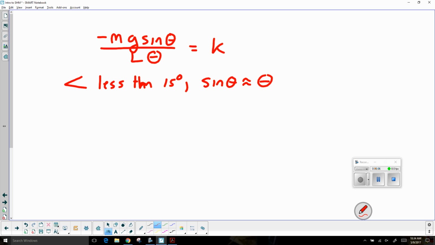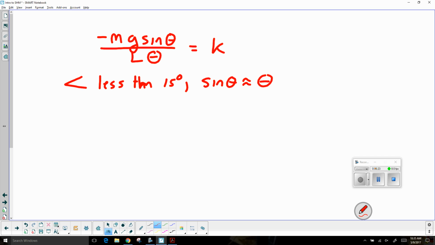That's because the sine of the angle and the angle itself are actually measuring the chords in the circle, and those chords in the circle are pretty much the exact same size if the angle doesn't get greater than 15 degrees.